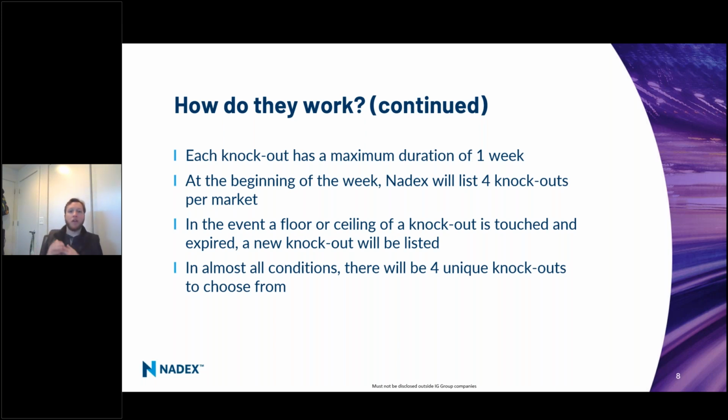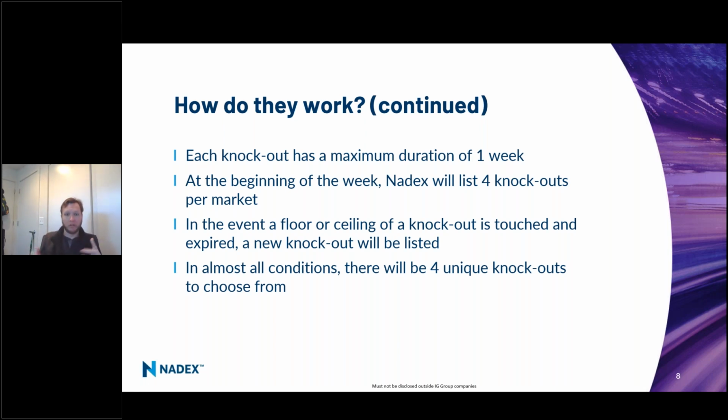So at the beginning of the week, for every single underlying market, Nadex lists 4 knockout contracts, right? We'll see in a couple slides how they're a little bit overlapped on each other. And very basically, the market's always going to be within those 4 contracts.